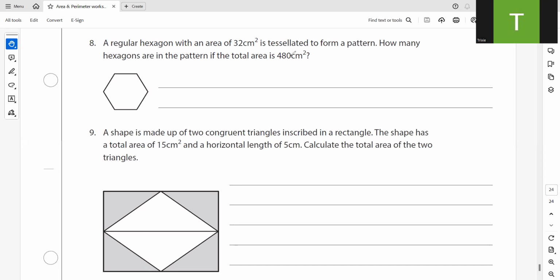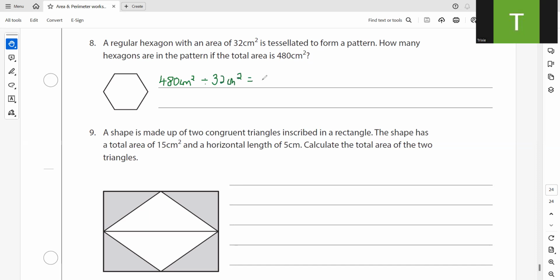So, to find the number of hexagons in the pattern, we need to use the total area of the pattern, which is 480 cm square, and divide it by the area of one regular hexagon, which is 32 cm square.